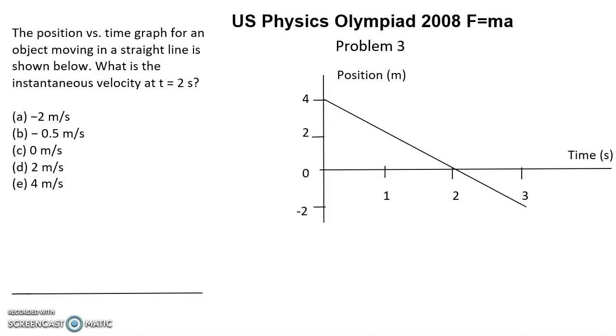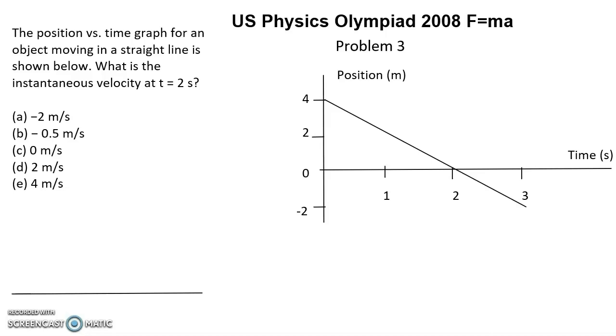Problem number 3. The position versus time graph for an object moving in a straight line is shown here. What is the instantaneous velocity at time t equals 2 seconds? We know that instantaneous velocity is measured by the tangent line in a graph of position versus time.